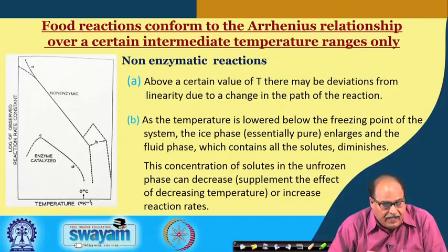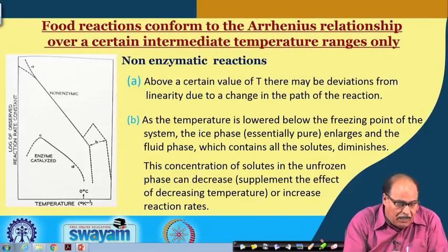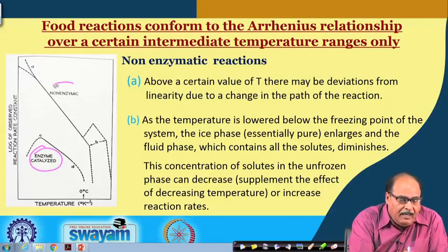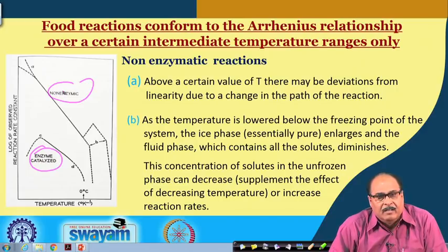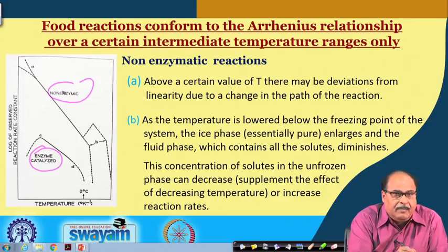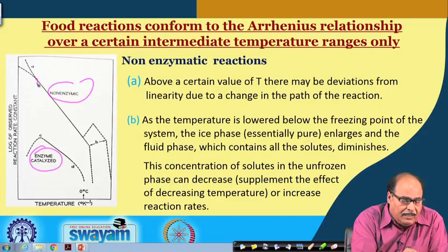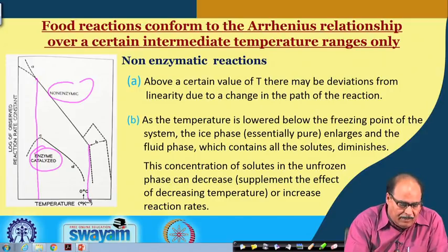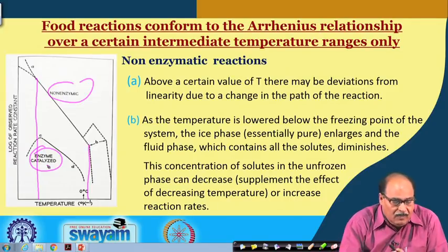We can see this by taking an example of a non-enzymatic reaction as well as an enzymatic reaction, and see how the deviation from linearity takes place during the process. In the non-enzymatic reaction, as you can see in this picture, only in this range is it following linearity, that is, the Arrhenius relationship.